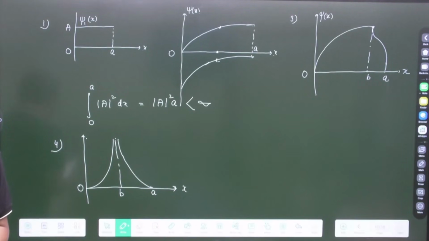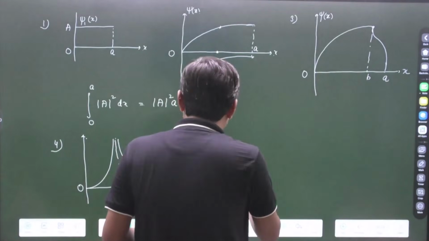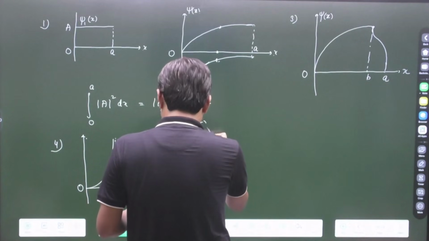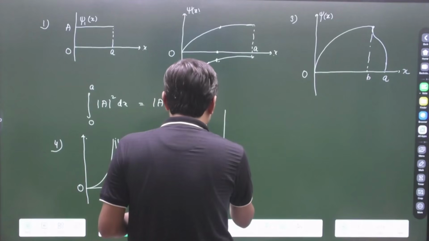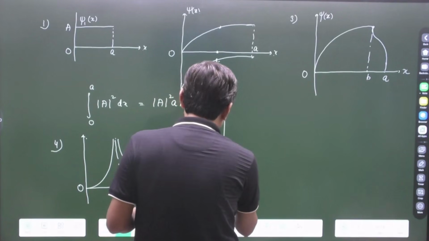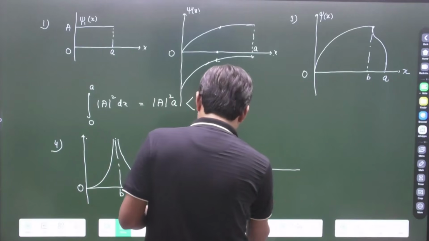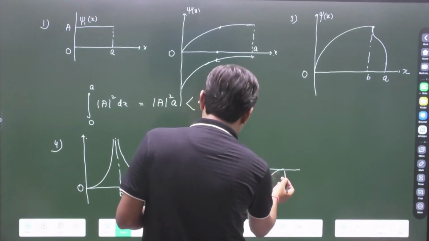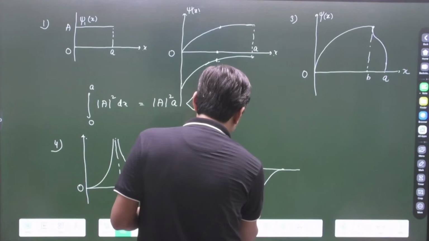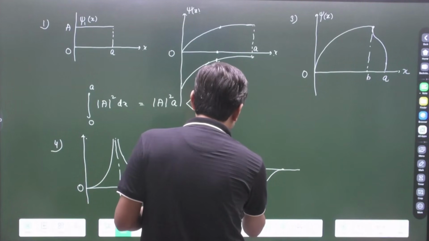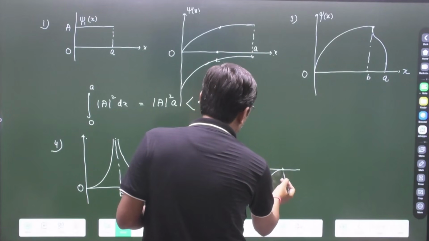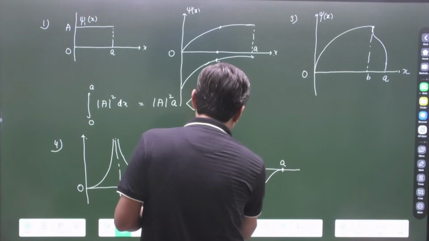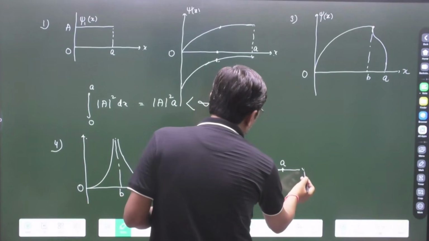So this is not acceptable. Fifth, this is b, this is a, this will be 0, this will be x.